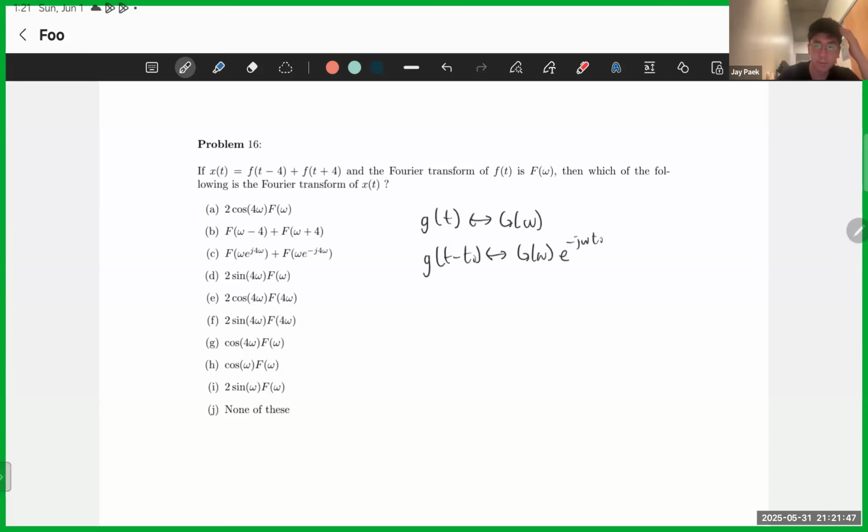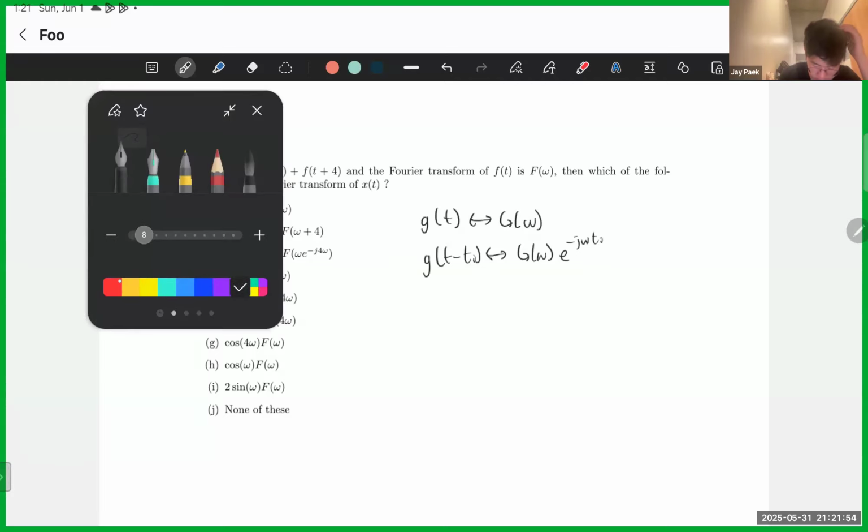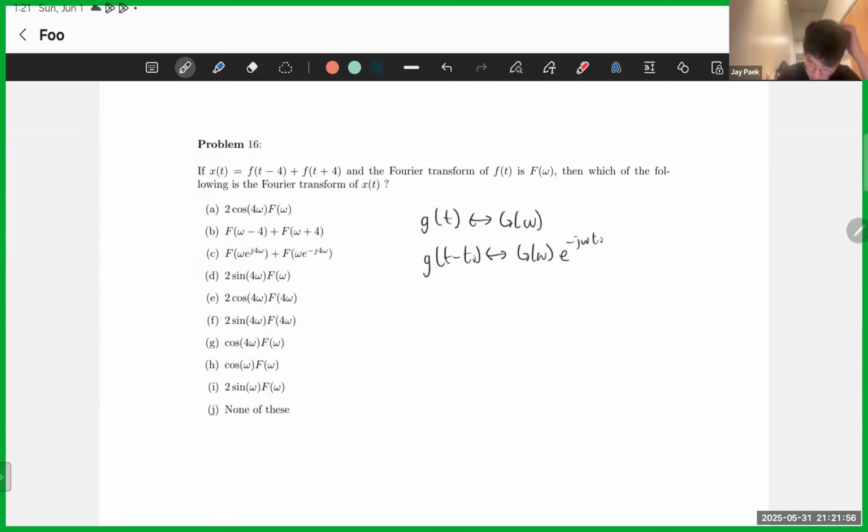And so if I take the Fourier transform of x of t, remember, by linearity, it's just the Fourier transform of f of t minus 4 plus the Fourier transform of f of t plus 4.